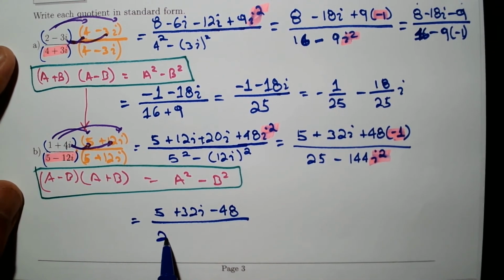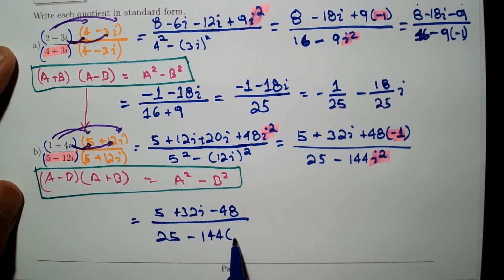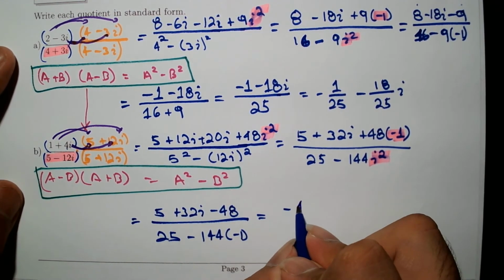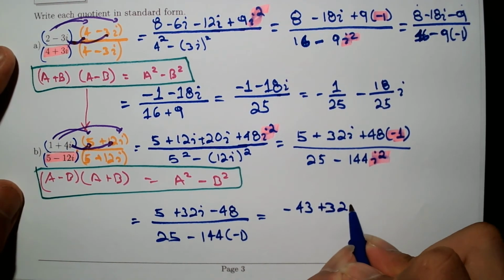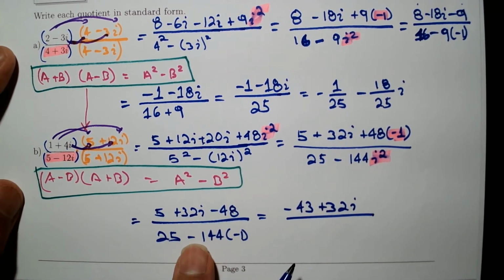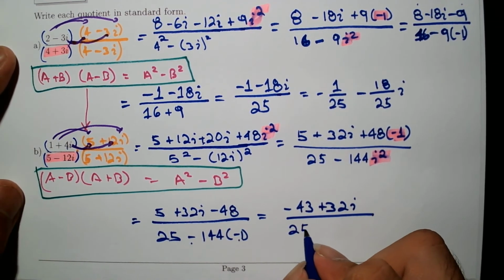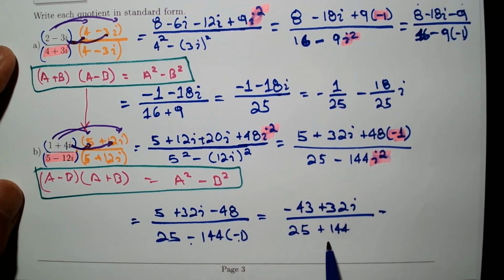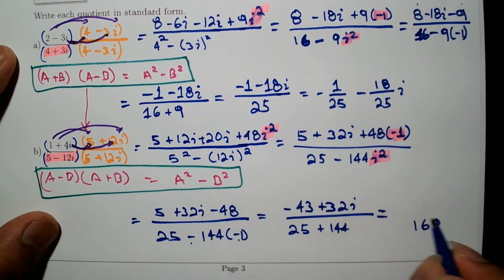And then 25 minus 144 times negative 1. 5 minus 48, that's going to be negative 43 plus 32i divided by, so negative times a negative is going to be a positive. And when we combine 25 plus 144, that's 169 in the denominator.